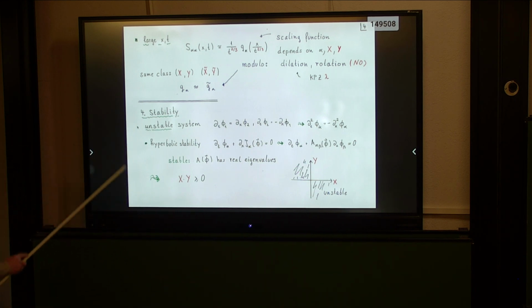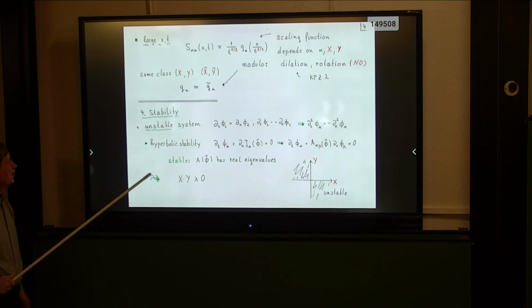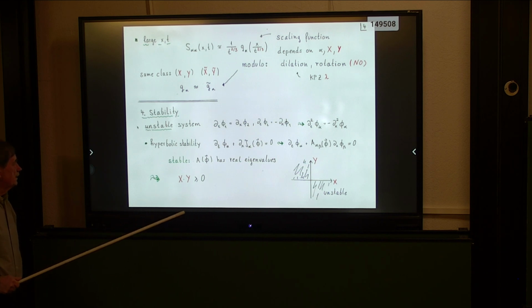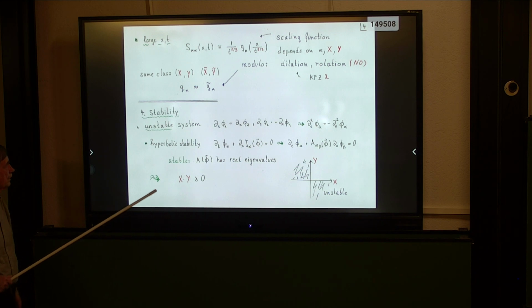There are a few things which are not so important, but I think the main thing is really that you understand what this issue of universality is. One question is what parameters of x and y I can allow. There's an argument called hyperbolic stability.